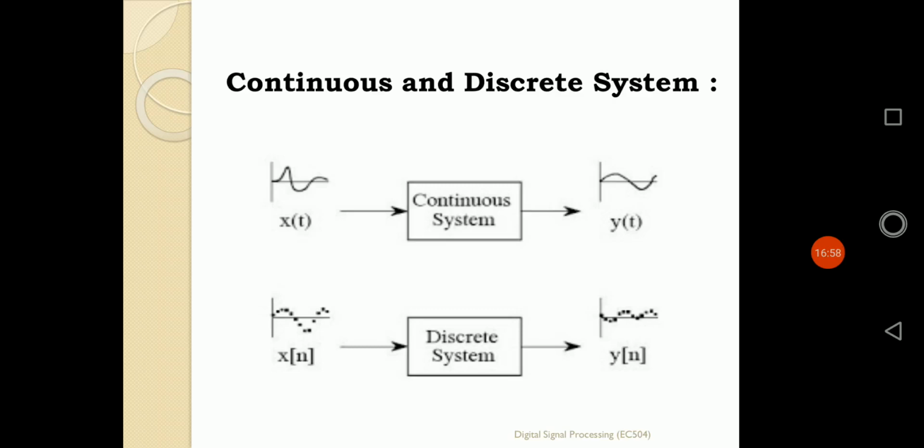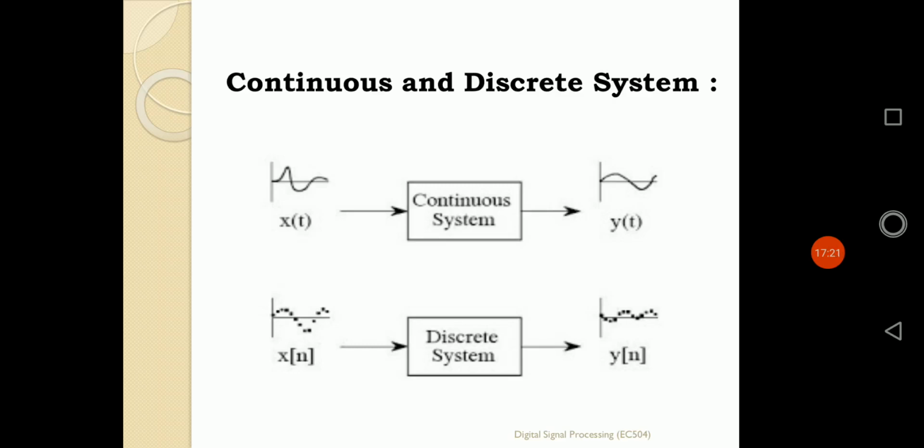And if it is a discrete time system, normally the input will be a discrete time signal. The input for this type of system will be defined with respect to the value of n. X of n will be our input. n will be discretized in nature. So for each and every value of time, we can't get any idea about the signal.